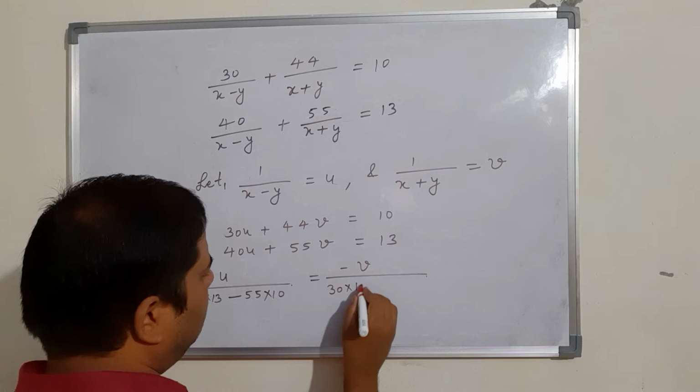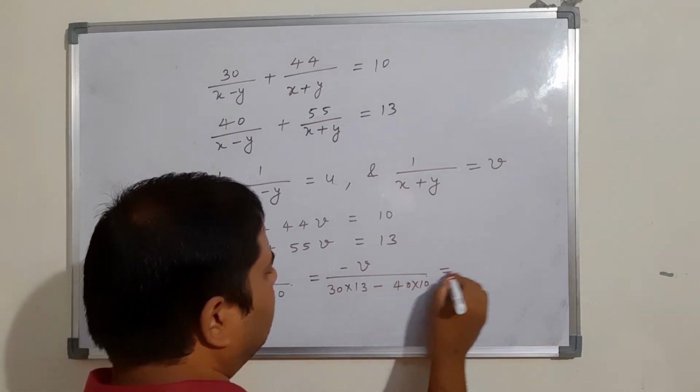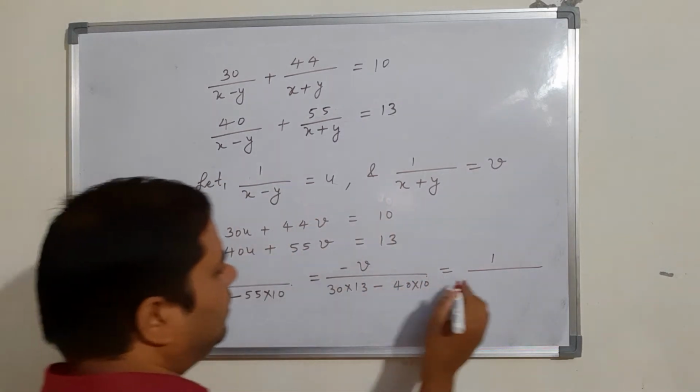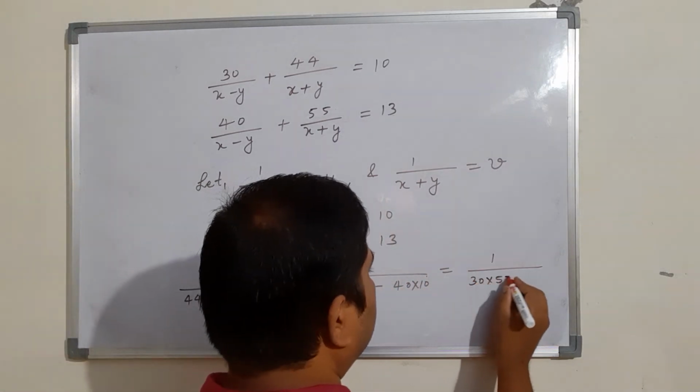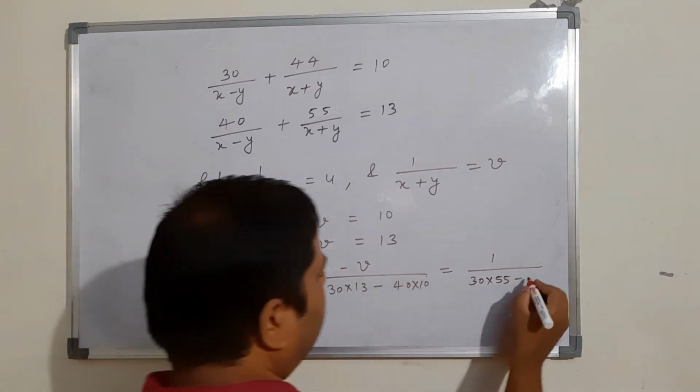into 13 minus 40 into 10, and this is 1 upon, deleting this term we will get 30 into 55 minus 40 into 44.